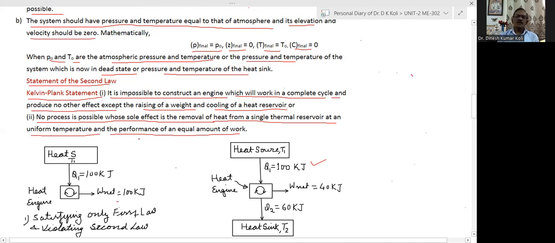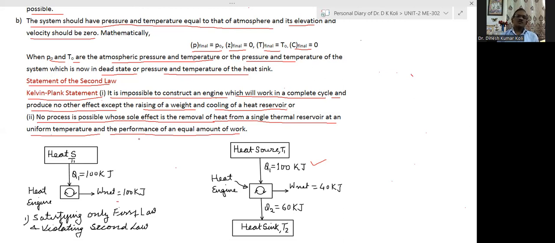Cooling of a heat reservoir means we are taking some heat from the heat source. Raising of weight means we are producing work. So we are taking some heat and converting it into work. This type of engine is not possible because we are completely converting heat into work.